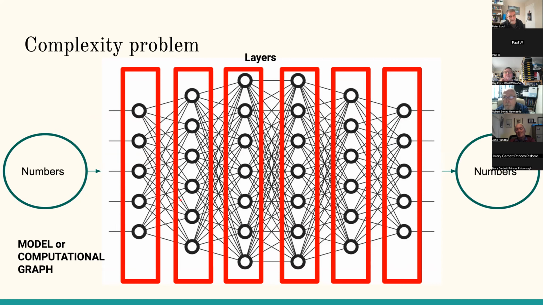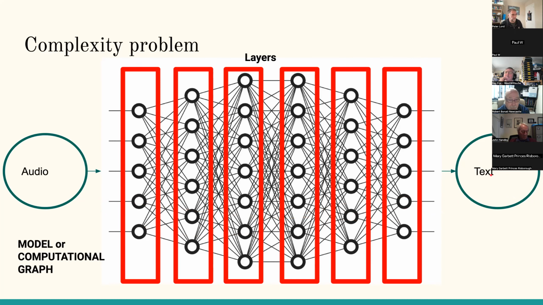Now, as Paul helpfully pointed out, the example that we had before actually had numbers going in and numbers going out, but that doesn't have to always be true. Your multi-layer neural network could equally have audio, sample a bit of audio, obviously convert it into numbers in a time sequence in some way, and then we could output text.